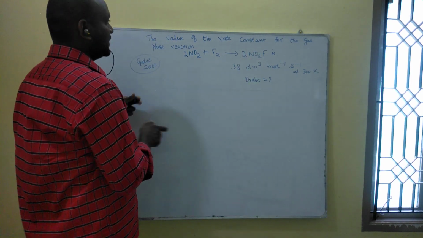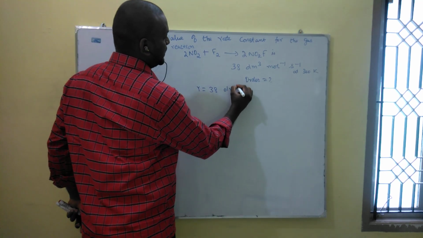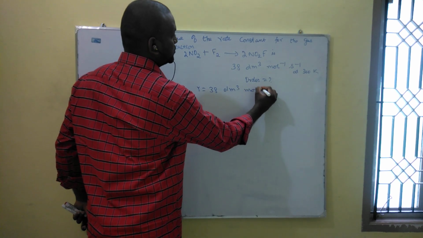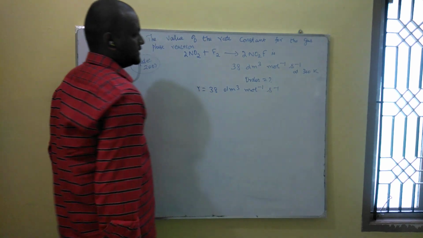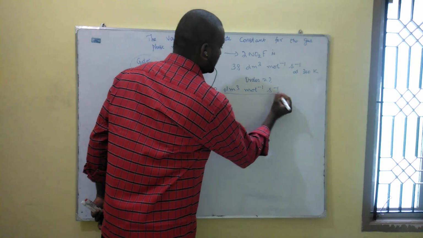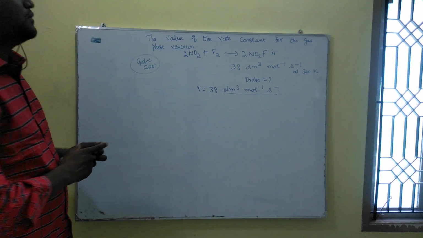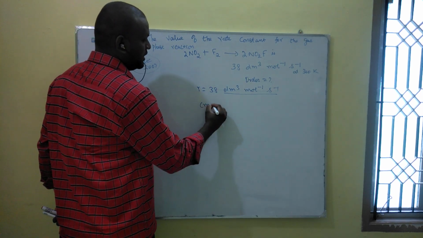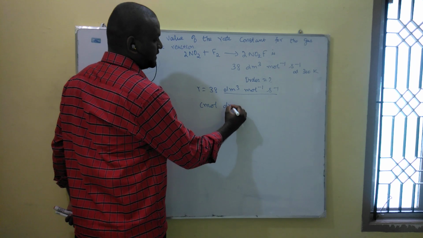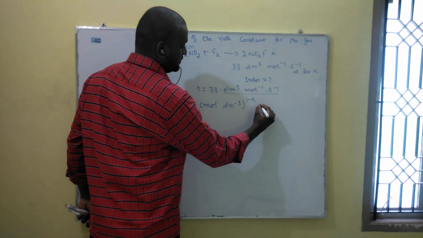So what is the value of the rate constant? k is equal to 38 decimeter cube per mole per second. From the value you cannot discuss the order of the reaction. From the unit you can find the order of the reaction. We know the general formula, mole per decimeter cube power 1 minus n per second.